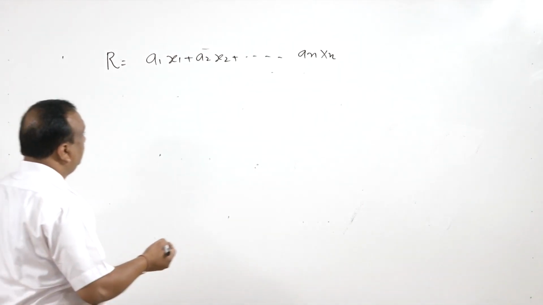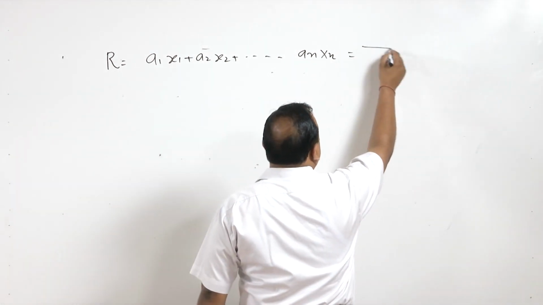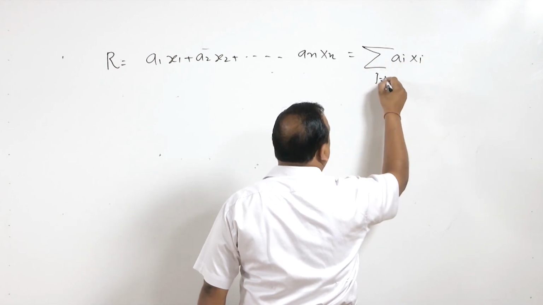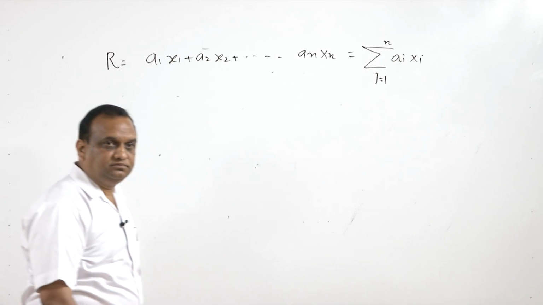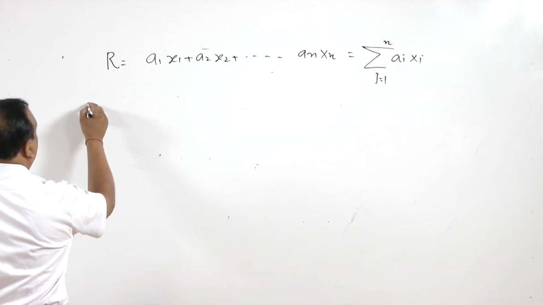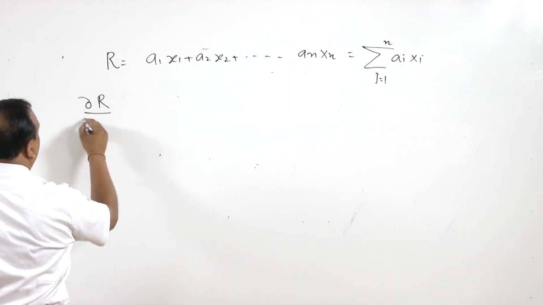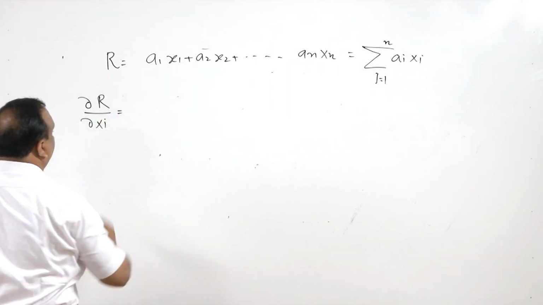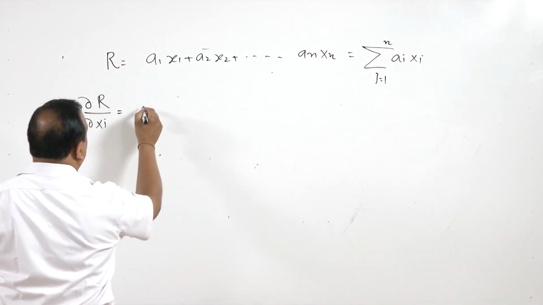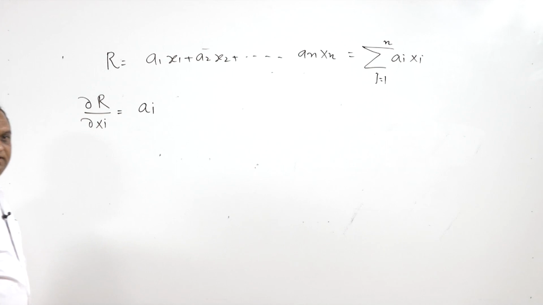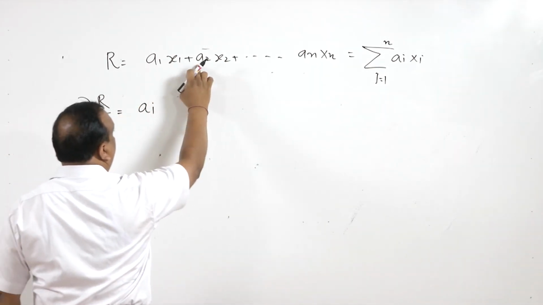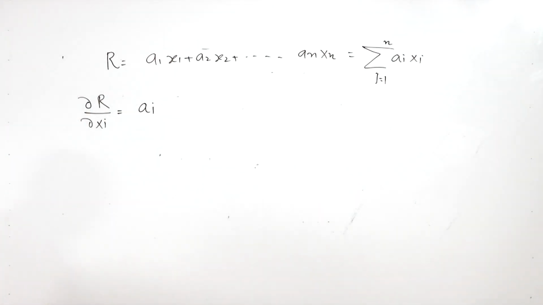Or it is the sum of ai xi, i equal to 1 to n. Fine. Now del R by del xi is equal to ai. If I differentiate with x1, this will be a1, x2, a2, xn, an.